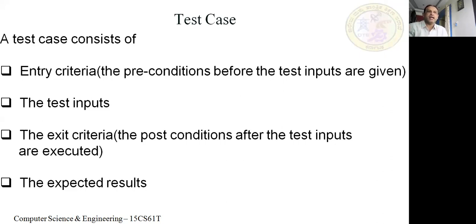We call that the exit criteria, the postcondition after the test inputs are executed. Then the last one is the expected results. So two criteria: before executing, the entry criteria; after executing, the exit criteria.